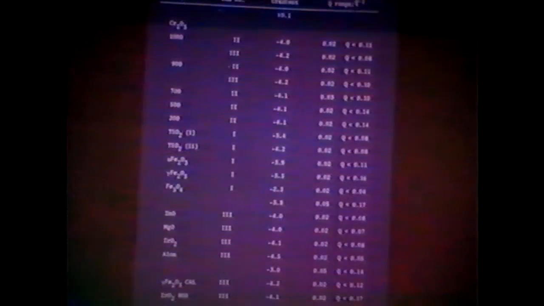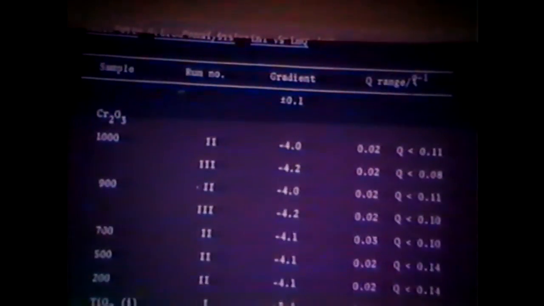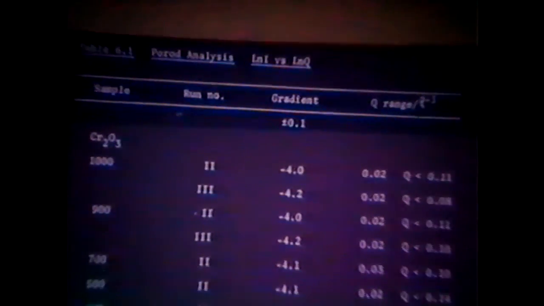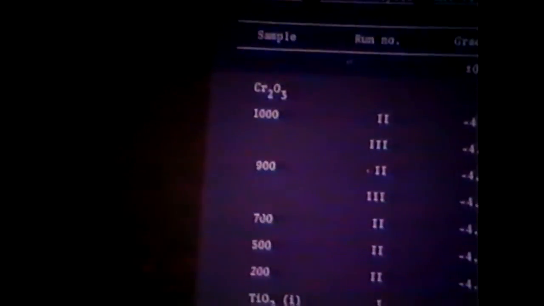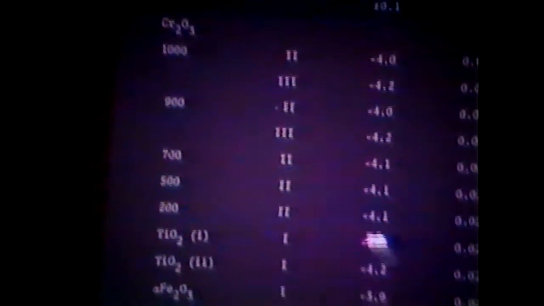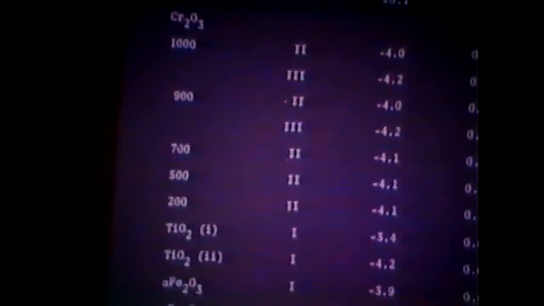Oh yes, surface areas. I think I've got a couple of minutes. First of all, these are just the Porod gradients for different substances. Quite a lot. Chromium, Cr2O3 is quite nice. Oh, titanium is not very nice, up there. 3.3, that's the Fe2O3.